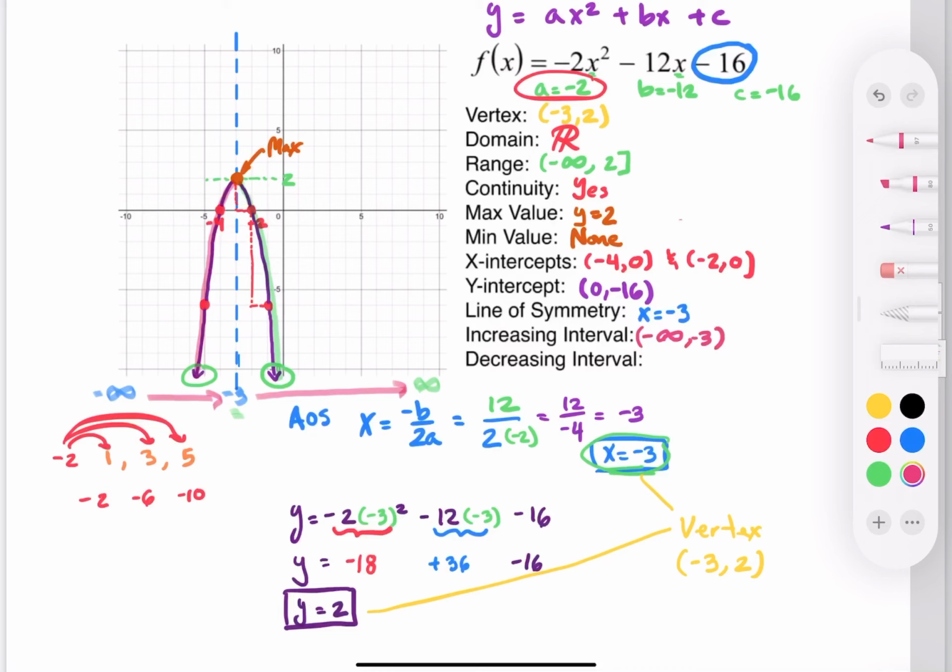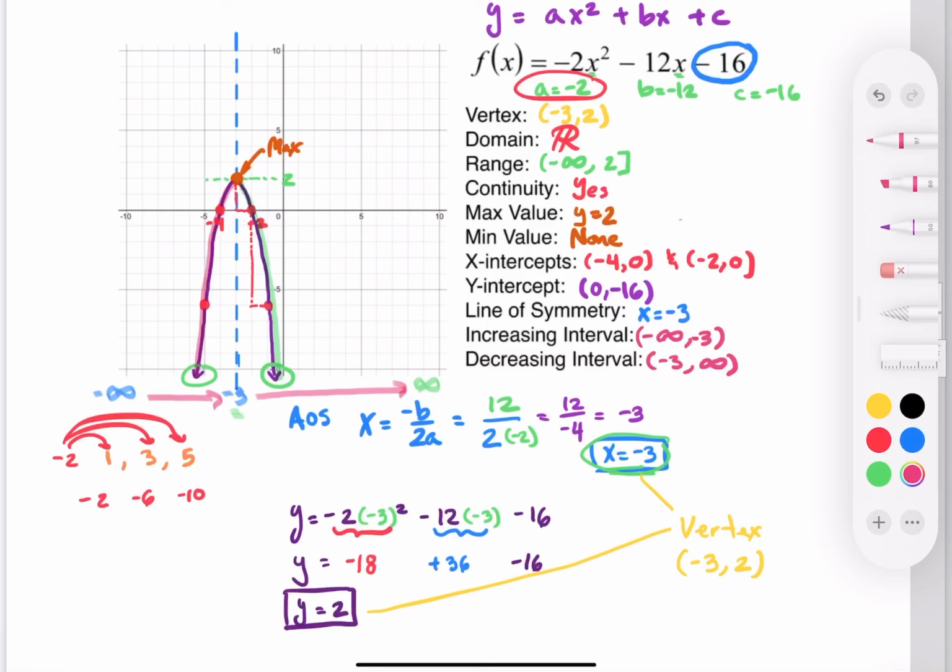I forgot the negative sign over here. So it starts at -3 until infinity. And we can see that our increasing and decreasing intervals look very similar. It's just reversed. So the increasing went from -infinity to -3. The decreasing went from -3 to infinity.